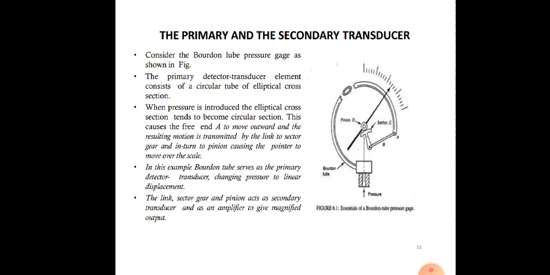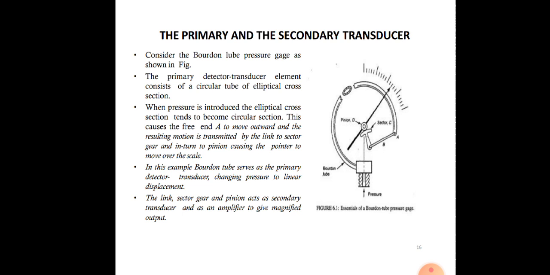You can see the sector C and the pinion D, which are clearly marked in your figure. From point A, when the Bourdon tube becomes circular, point A moves outward, and because of the link B, the motion is transmitted to the sector C and the pinion D. Because of this movement, the pointer moves over the scale.